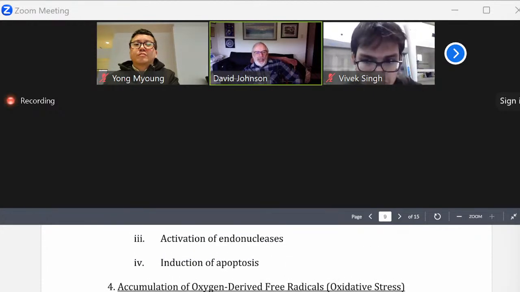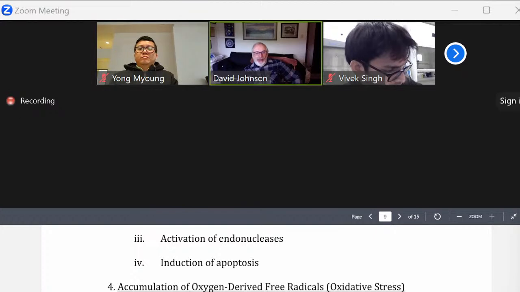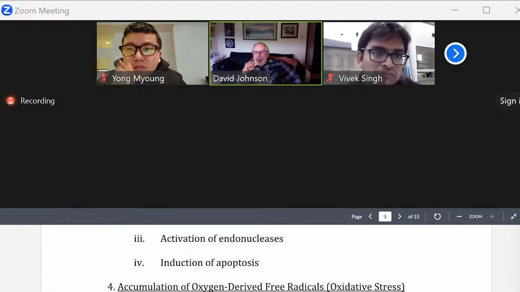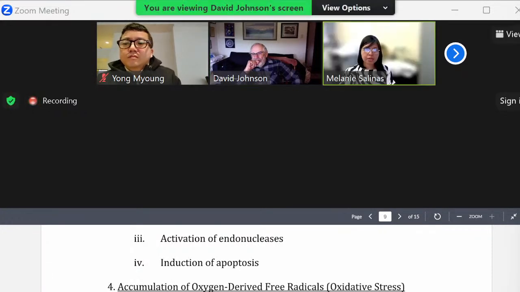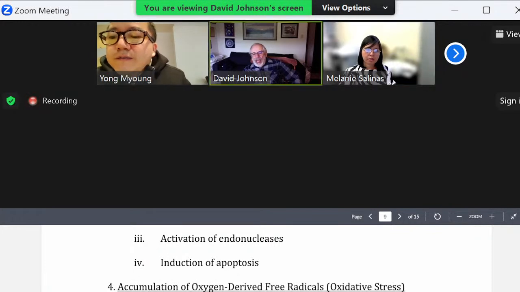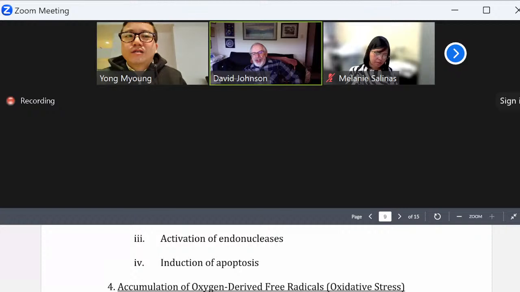Another type of cellular toxicity is oxidative stress from the production of free radicals, highly reactive metabolic intermediates, which can come from redox reactions such as the Fenton reaction. By the way, is Fe2+ ferrous or ferric? Ferrous. Ferrous, plus hydrogen peroxide. 2+ is ferrous.